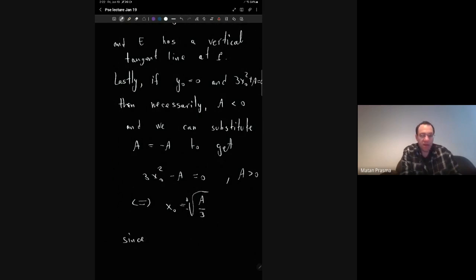Now I also have the equation x0 cubed minus a x0 plus b equals y0 squared, but y0 is 0, so it's equal to 0.